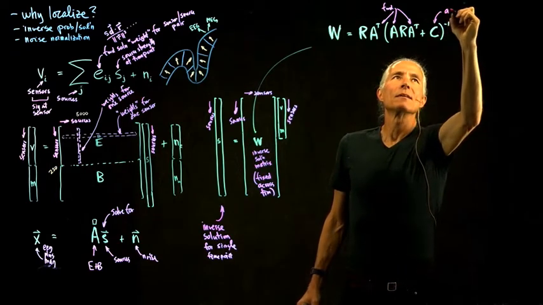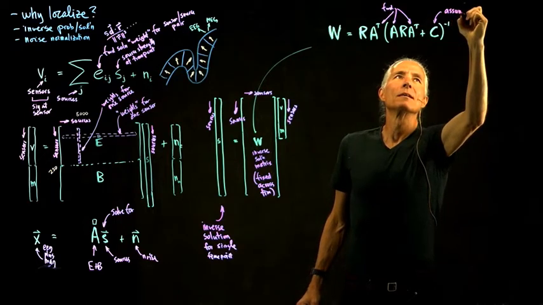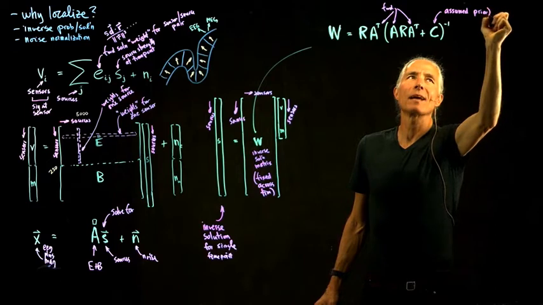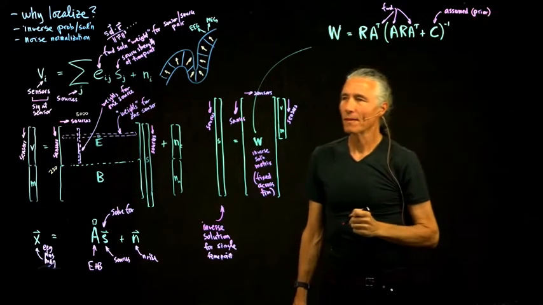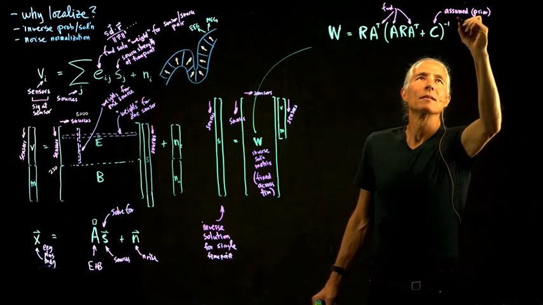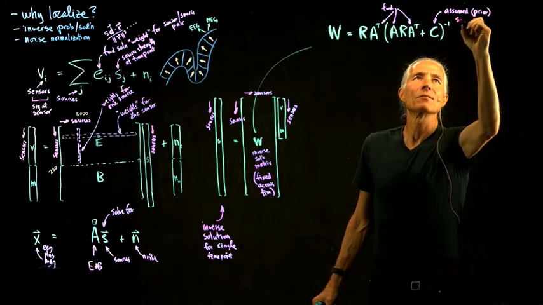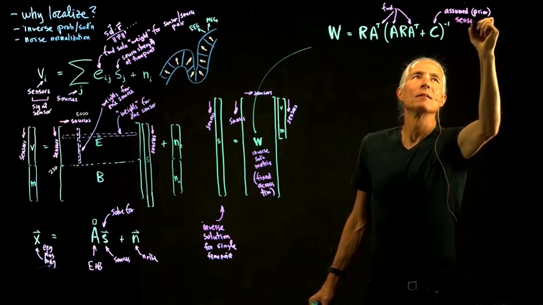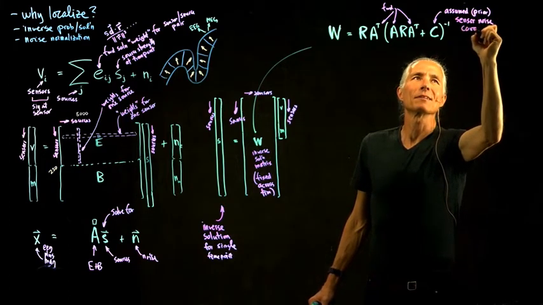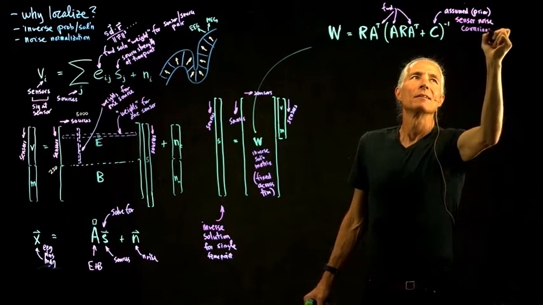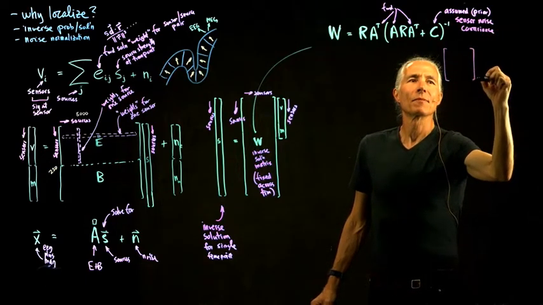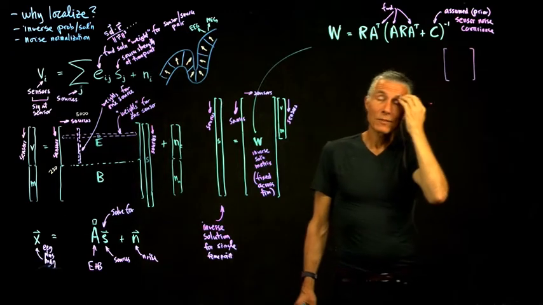And so this one is our assumed sensor noise covariance. That's kind of some prior information that we're adding into the solution. And so what does that mean? So what that means is you've got a matrix that is basically sensors by sensors.